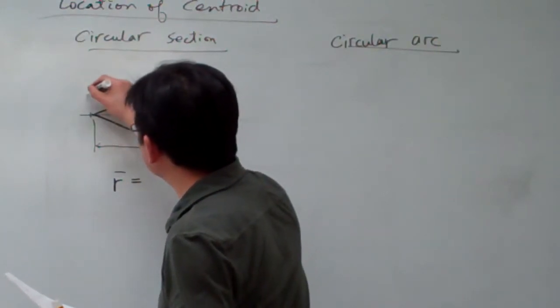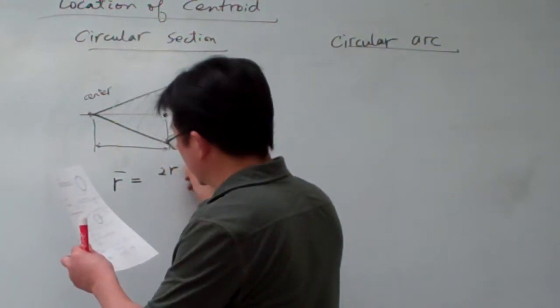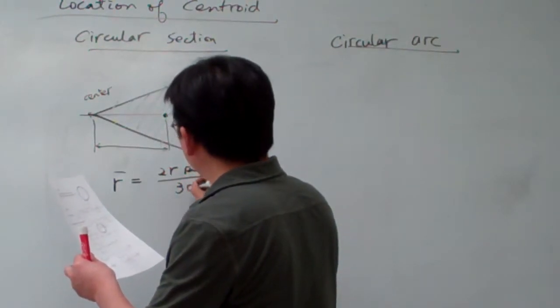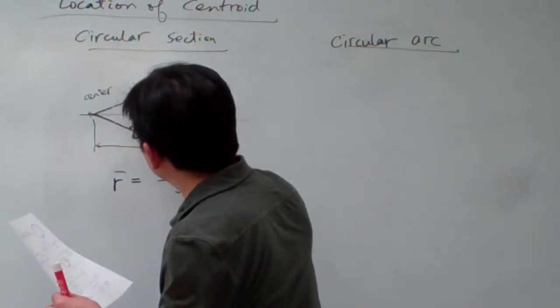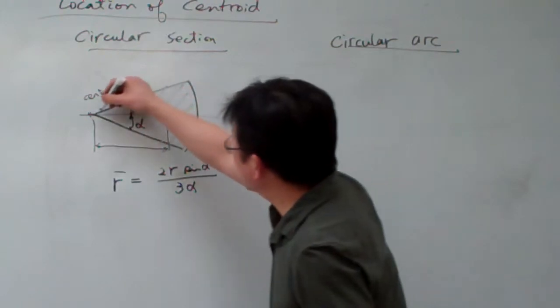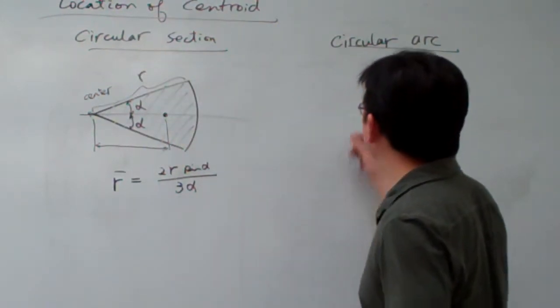So this is the center. This one is 2r sine alpha over 3 alpha. Alpha is half of the angle here. The radius of the circle is r.